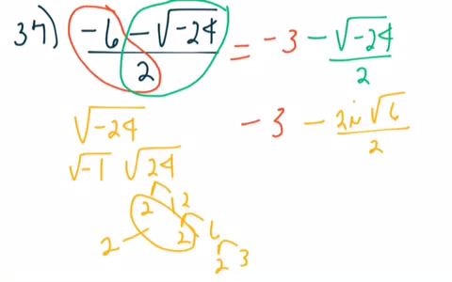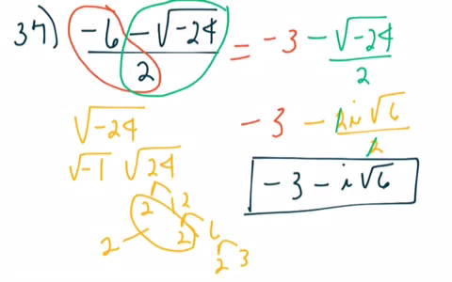On this, the 2's will cancel, so our final answer is negative 3 minus i square root of 6. So we now have it in the form of a plus bi. Some textbooks will write it with negative 3 minus the square root of 6i, but standard, this is the preferred format for it.